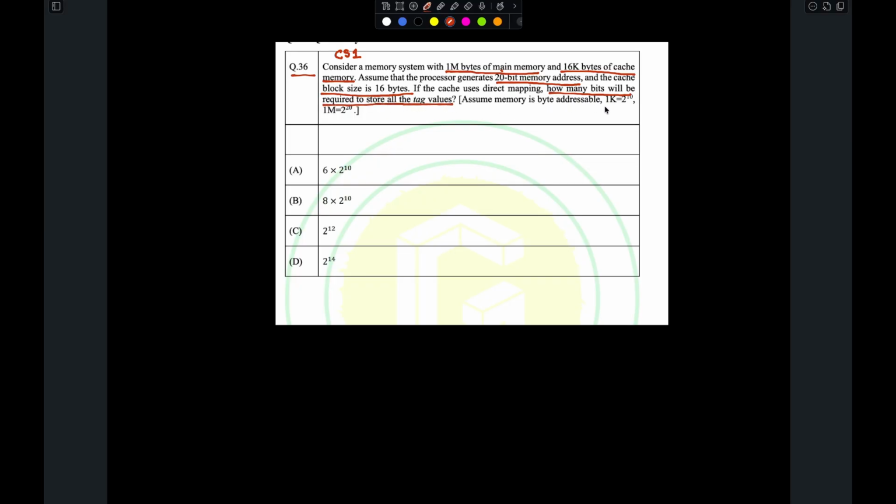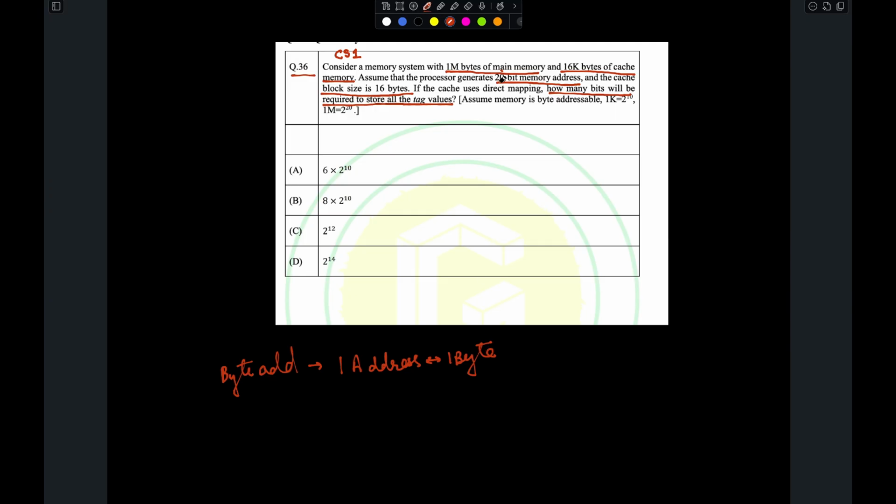Assume the memory is byte addressable. Now, just for your information, let me tell you that byte addressable means that one address is referring to 1 byte of memory.